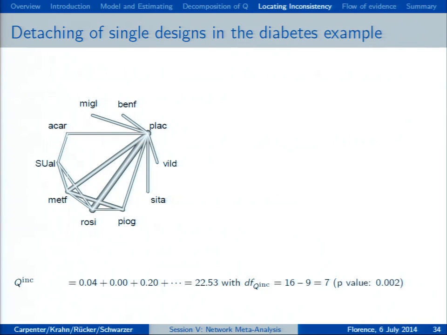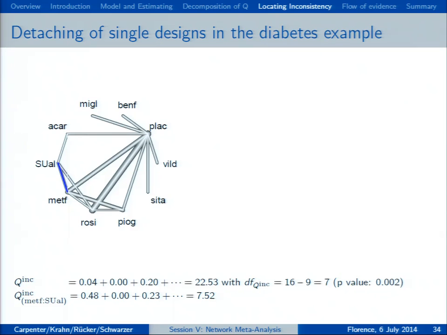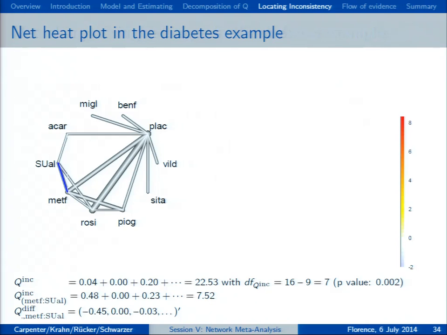When we go back to the example, we have this Q statistic of 22.5. Then we detach, for example, design metfsual, and can recalculate the Q statistic. Now we subtract all the summands and obtain this vector, which we visualize on this scale.